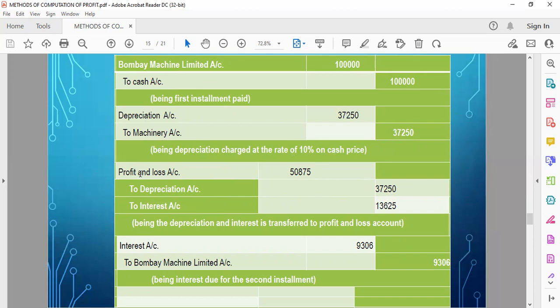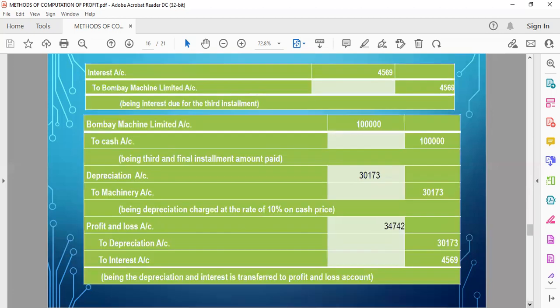Okay. So then we'll move to the interest due for the second installment. This interest amount also we have already calculated. Interest account debtor 9,306 to Bombay Machine Limited account 9,306, being interest due for the second installment.